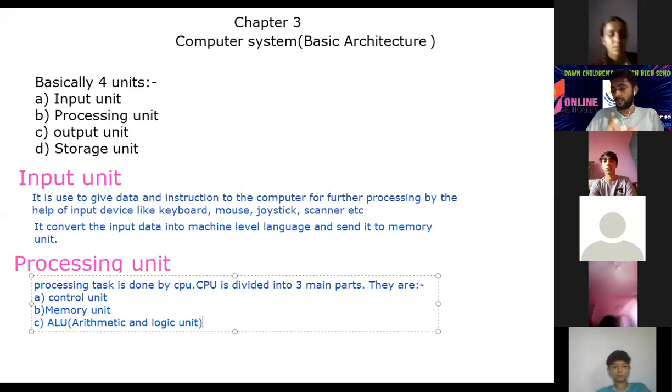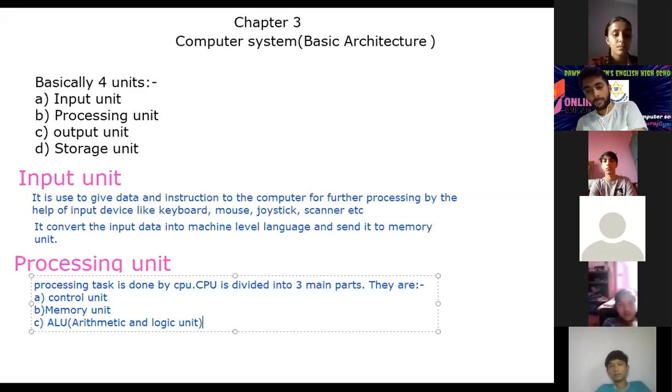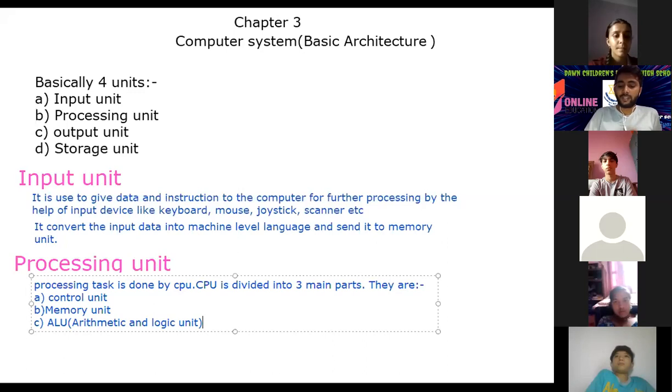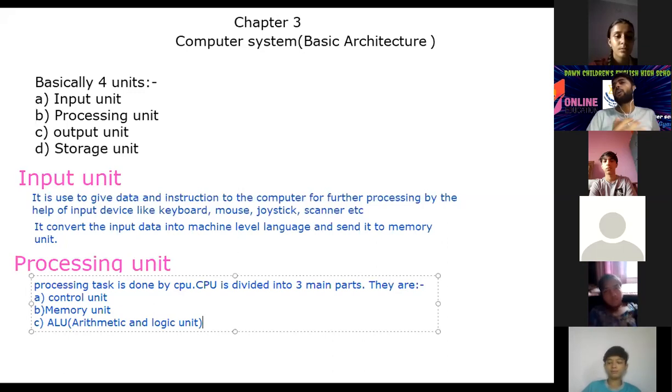After the ALU gives the result, the control unit takes that result and sends it to the memory unit, the RAM, for temporary storage, and again the control unit sends that result to the output device to show the result to the user. That means there is a very great role of this control unit: inside the CPU, all the controlling is done by the control unit.